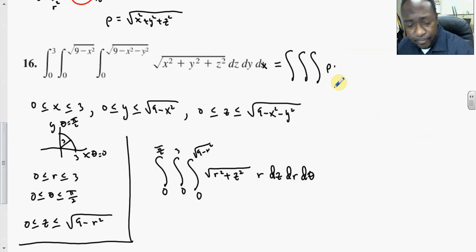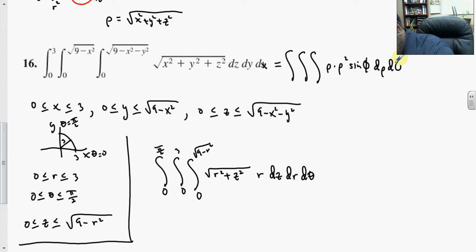Then to convert to spherical coordinates, you've got to have the factor of rho squared sine phi anyway. And so this is d rho, d phi, d theta. It doesn't matter about the order, but whatever order you pick, the integral has to match up.